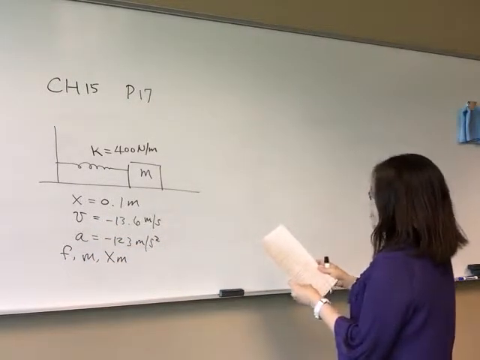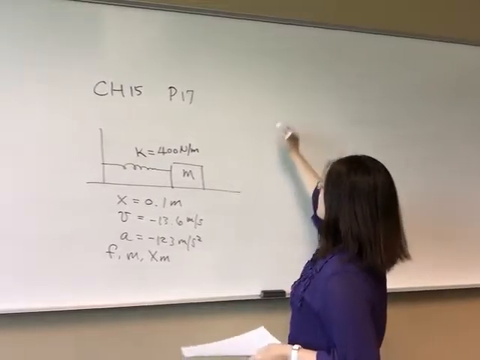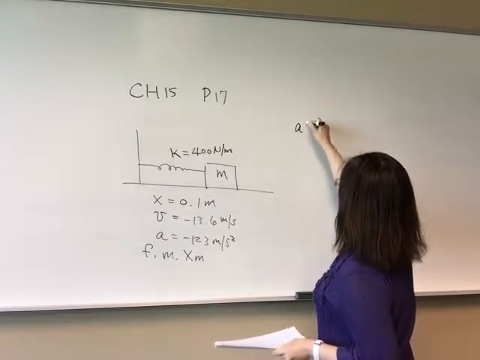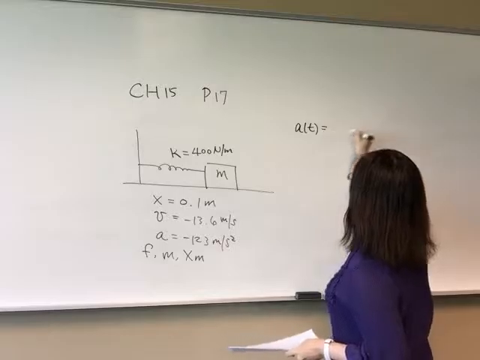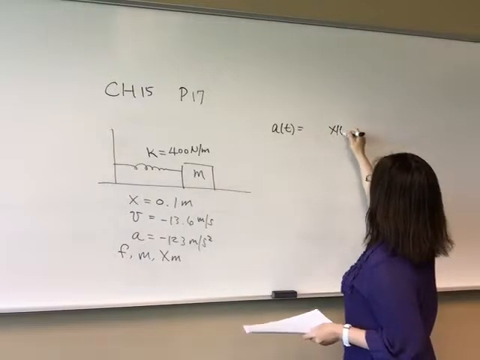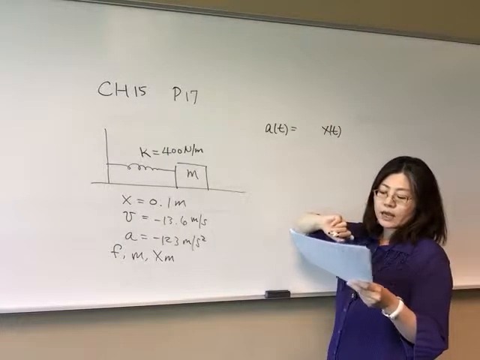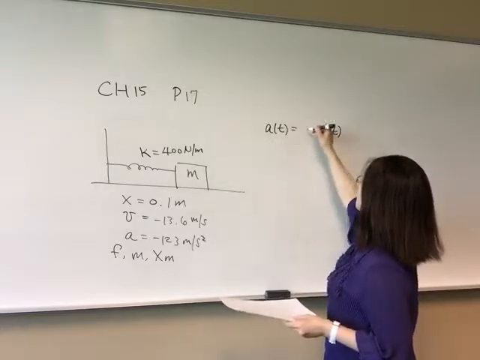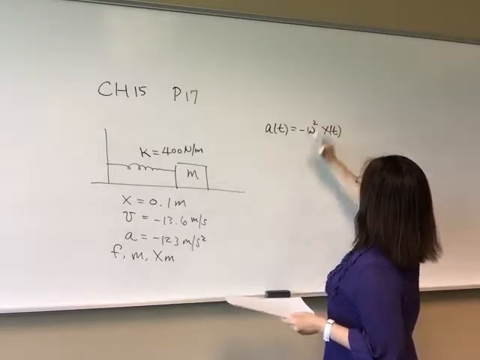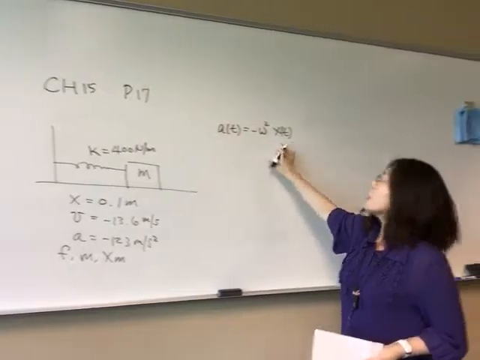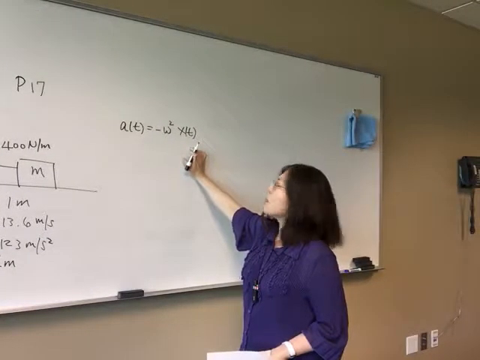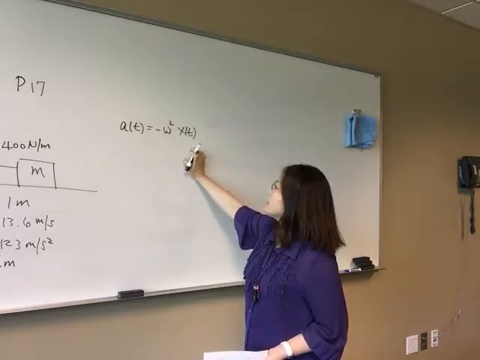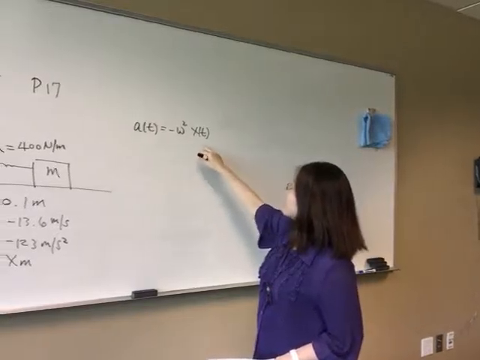So what we can do is realize that the acceleration as a function of time and the position as a function of time are related to each other. And how are they related? The acceleration is equal to negative omega squared times the position or the displacement.